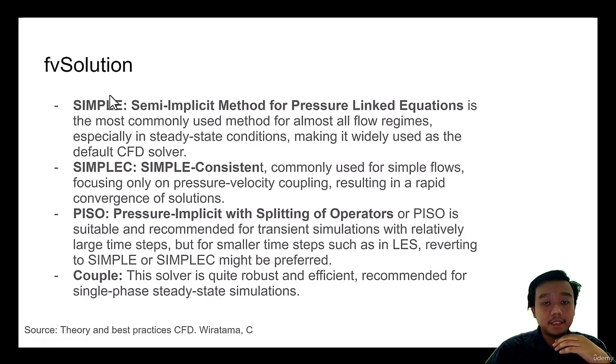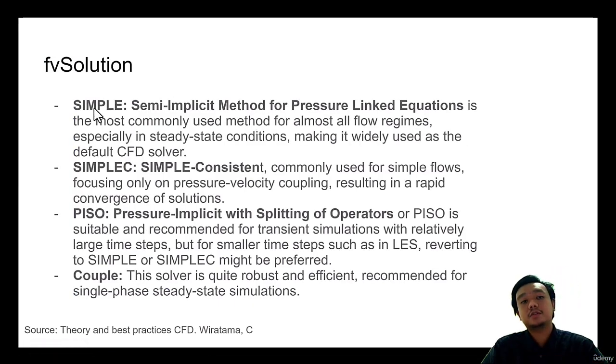But basically this is a summary of those algorithms. First is SIMPLE, which we discussed earlier, and is suitable for solving steady state conditions. And actually the SIMPLE algorithm is the most widely used in CFD solvers, so you can use it even for transient, or multiphase and combustion and things like that.